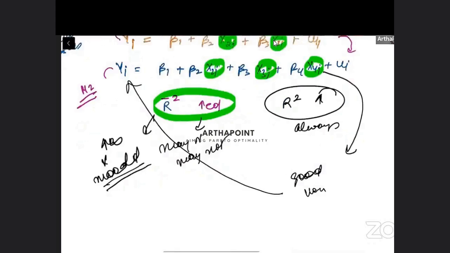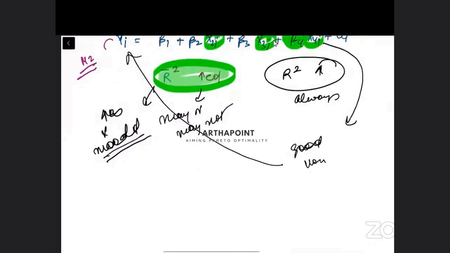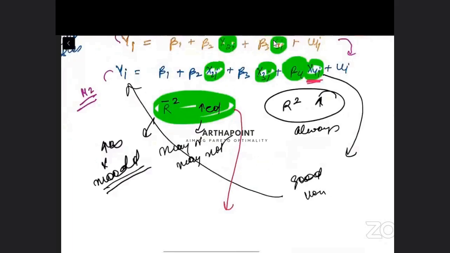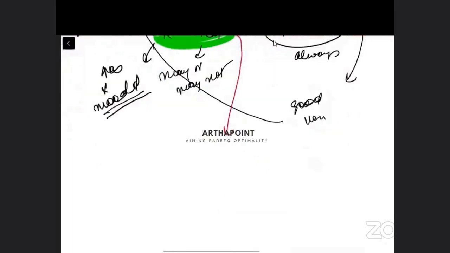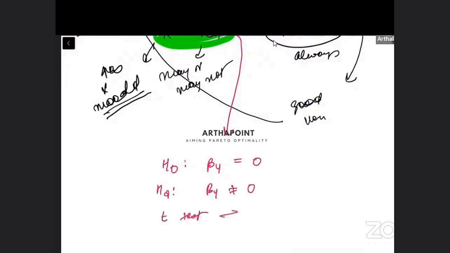And how do I know if it is a good variable? By testing beta 4. So r bar square will increase only if the additional variable that you have added, in this case x4i, if its corresponding beta 4, when I test its null hypothesis equal to 0 against not equal to 0, when I do a t-test on it, if the t-test is able to reject null, please make note of all this.